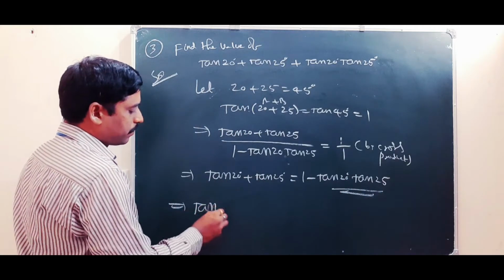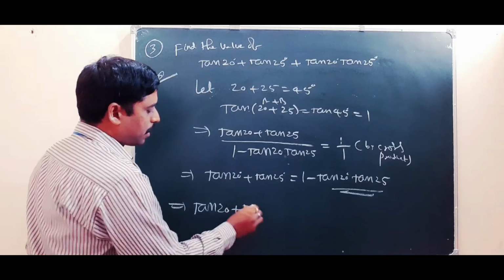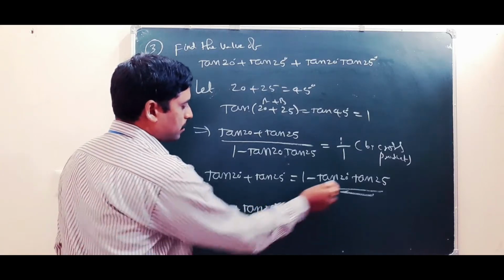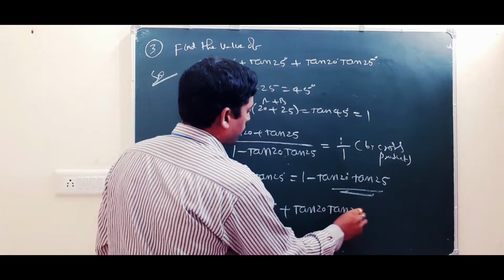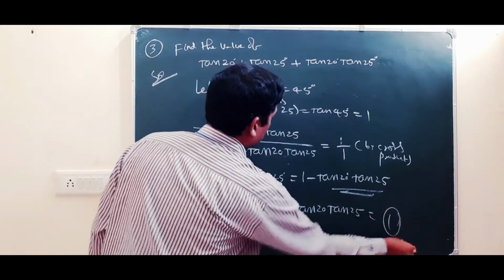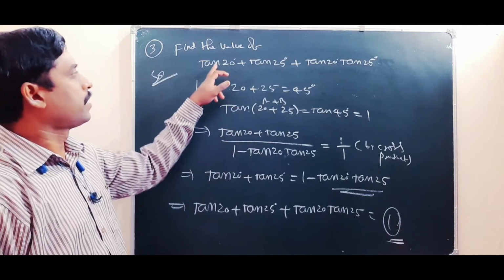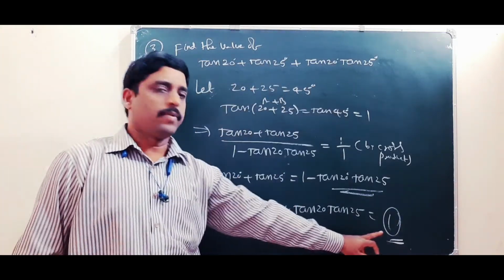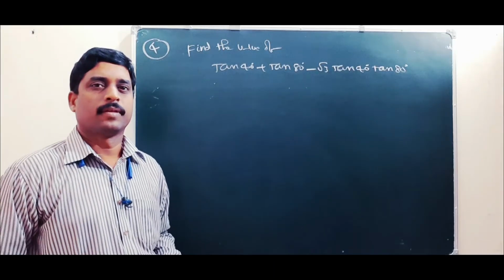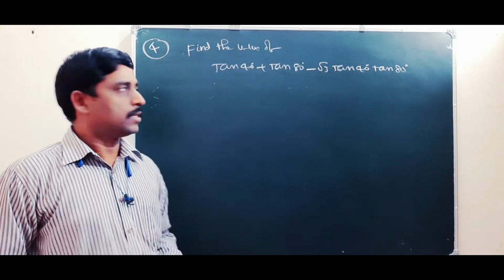Therefore tan 20 plus tan 25, this minus value brought to the left side becomes positive, plus tan 20 into tan 25. So what is the answer? Answer 1. So what is required? Tan 20 plus tan 25 plus tan 20 tan 25. This value will be 1. Okay, moving on, next question.